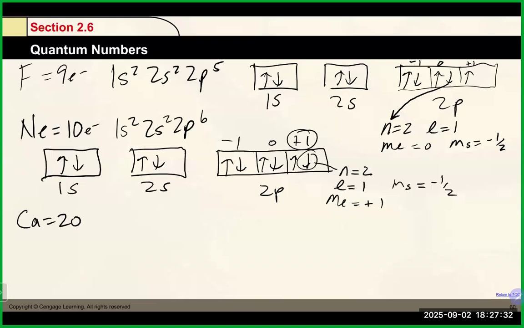Why don't you also give the 4 quantum numbers for the, I don't know, let's do the 16th electron that goes in. All right, let's take a moment. You don't have to do the orbital diagram. You can just write the electron configuration and figure out the 4 quantum numbers for that 16th electron.